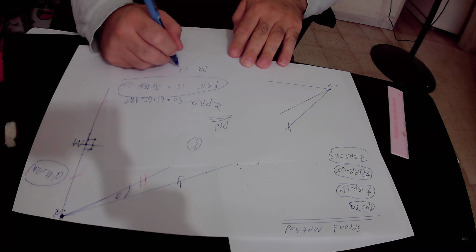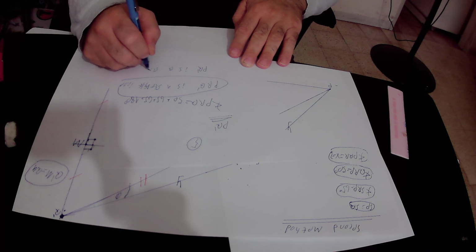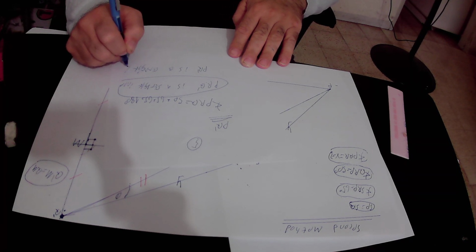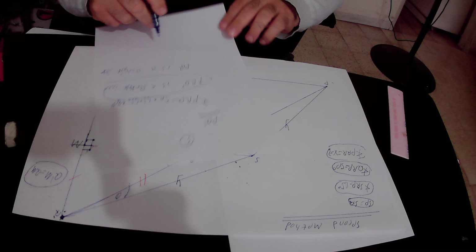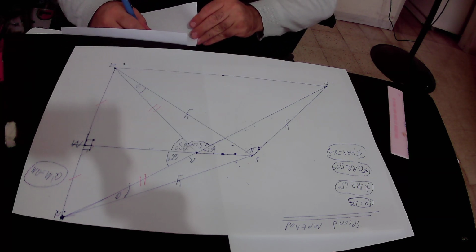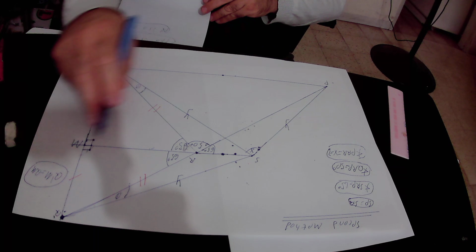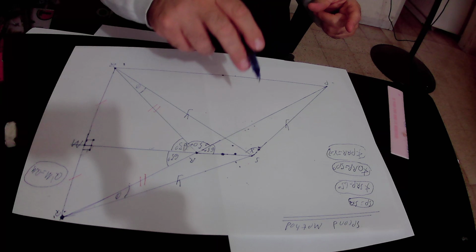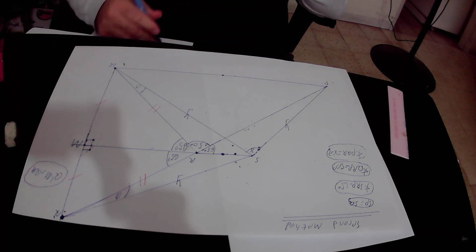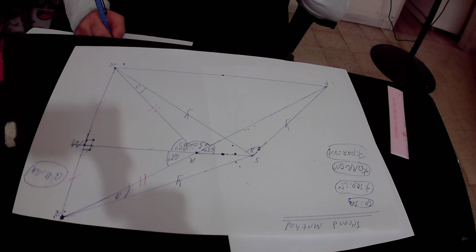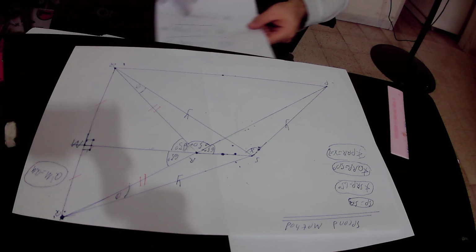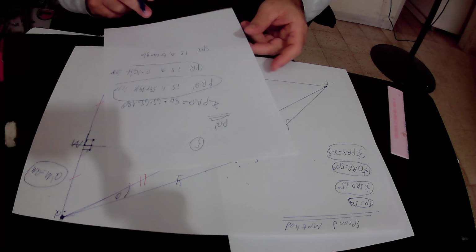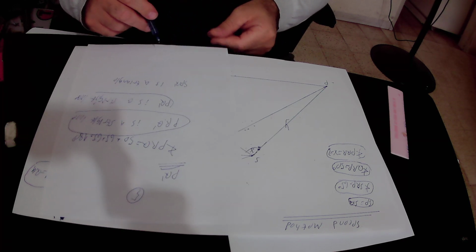And because PQ dash is a straight line, the shape SPQ dash is a triangle.